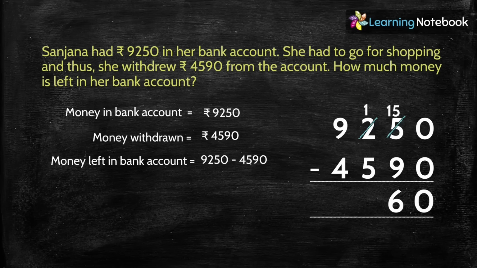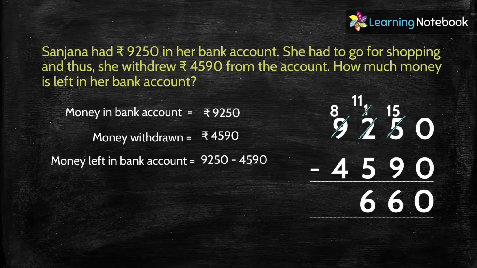Let's move to hundreds place, but 1 is weaker than 5. So 1 borrows from thousands place. Therefore 9 becomes 8 and 1 becomes 11. 11 minus 5 equals 6.